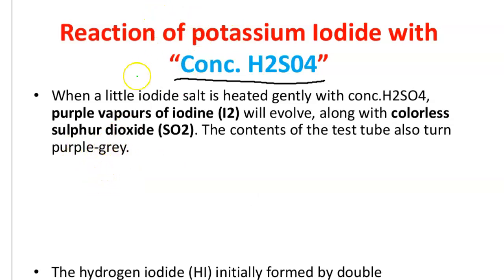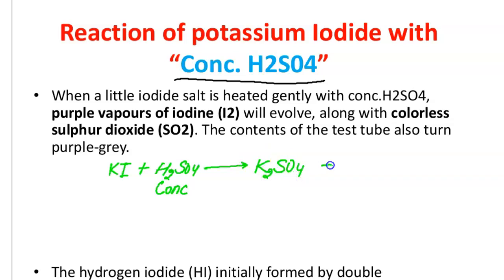So if we take KI, the potassium iodide salt, and treat it with H2SO4, and we have taken hot and conc H2SO4, the reaction follows like this. Through a double displacement reaction, K2SO4 and HI are formed.